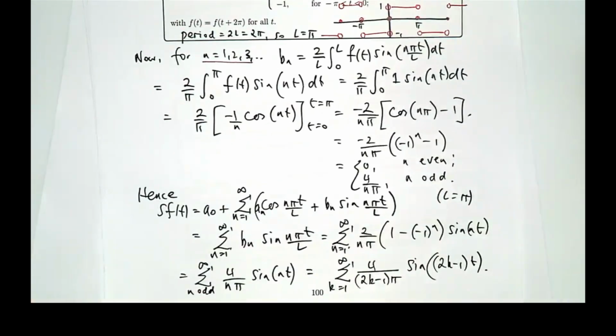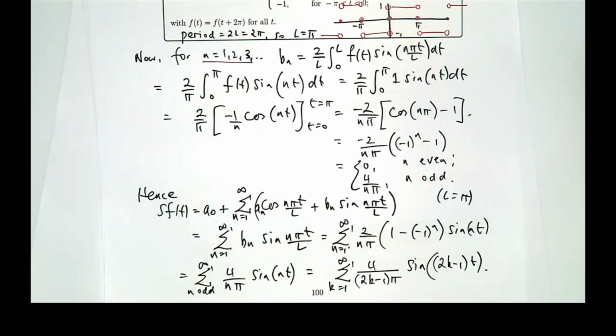Those are all the forms that I can think of. Depending on what you like, you can use one of those forms, but at the end of the day, whatever form you use, the series should look the same.